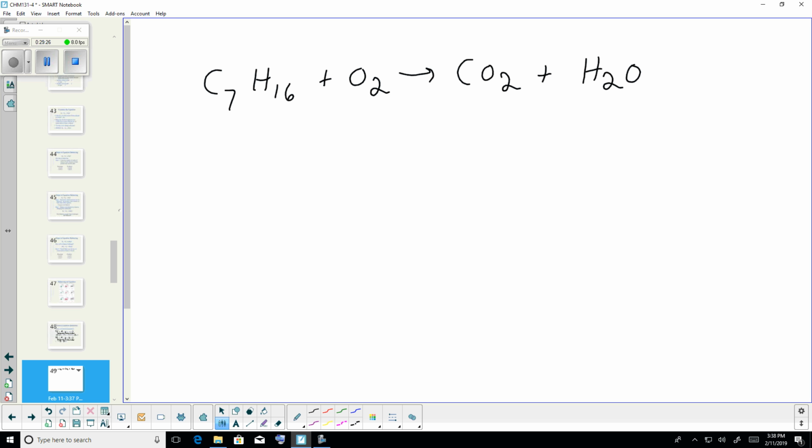Oh, by the way, you can see copper's got a little silver tree on the bottom of it. Oh, that's very delicate. That won't stay.